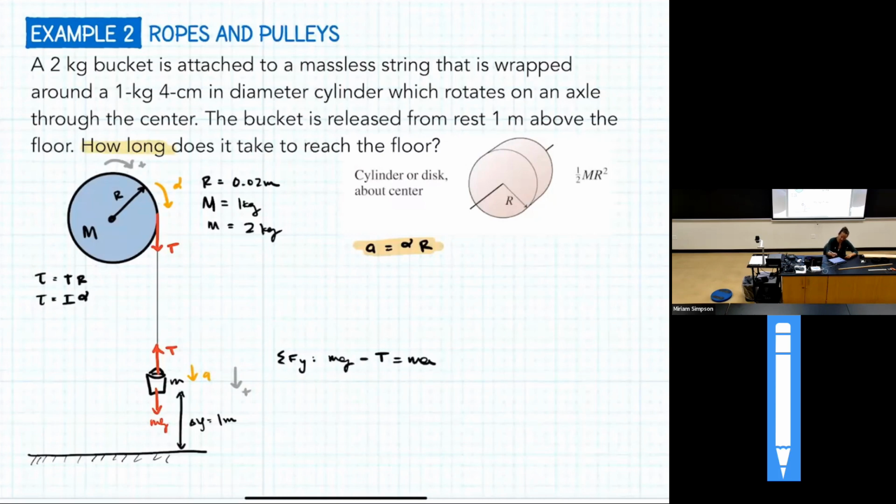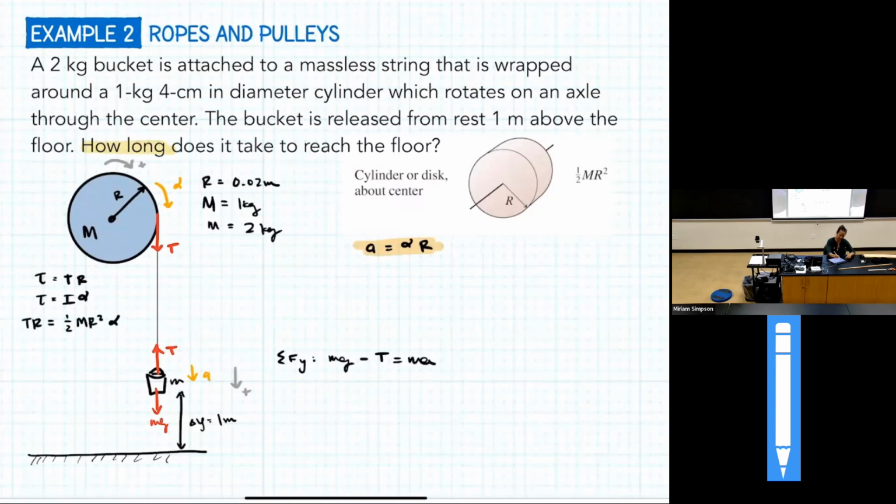Then over here, we have torque, so we're going to plug in torque. So that's going to be TR is equal to 1/2 mr squared times alpha. Okay. Everybody understand what we're doing there?